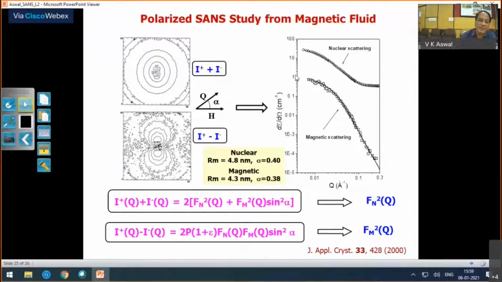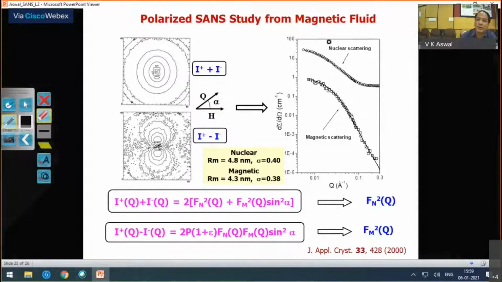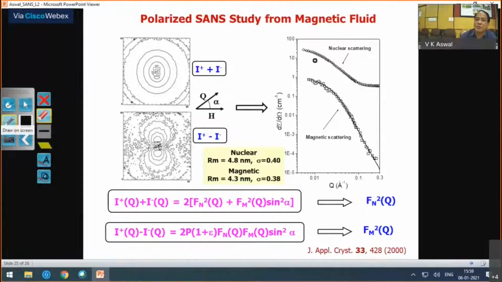And then you can see here the finally derived contributions for nuclear and magnetic scattering. So the magnetic scattering is about 2 orders less, and you see the error bars, they have been measured quite precisely and without any incoherent background. So this is the beauty of contrast variation, that a very weak component can be separated from the strong contribution using contrast variation, magnetic small angle neutron scattering.